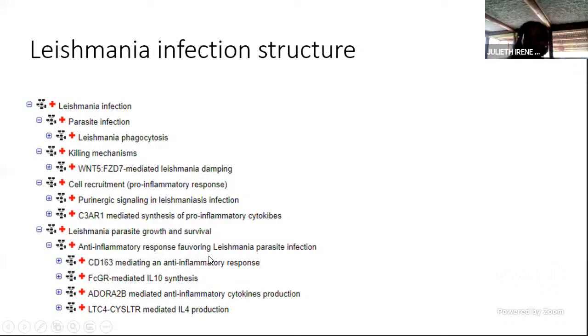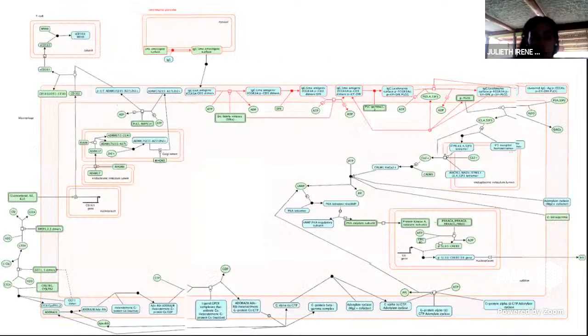Not just the general biological processes, something that is favoring the Leishmania parasite, but how? What specific pathway is associated to that biological process.